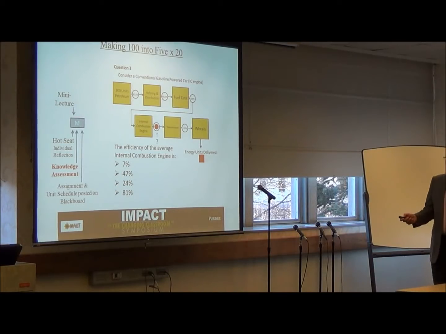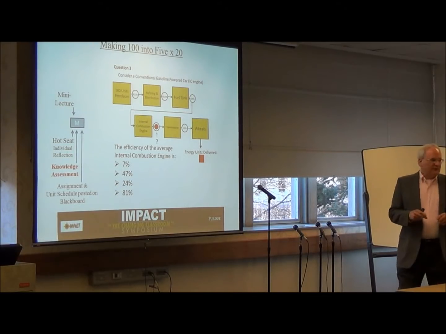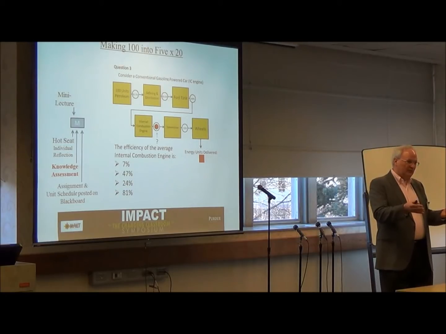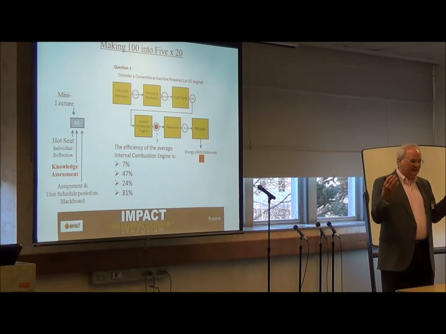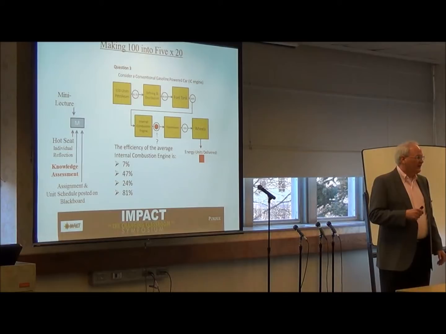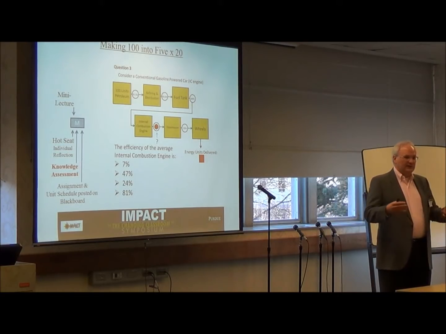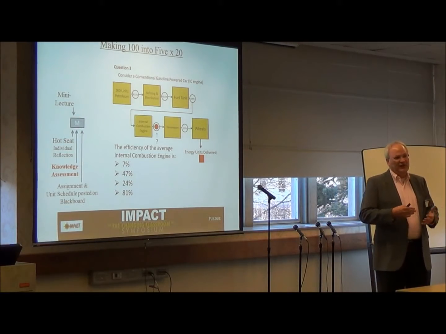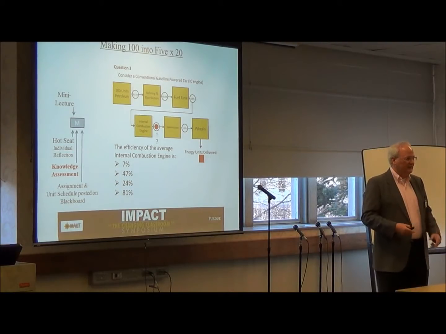Then what I had them do is for each one of these questions, in parentheses, put a confidence ranking. I learned this through the IMPACT program, by the way. This was not my idea. I'm not that smart. It was from a seminar from an IMPACT speaker, and I adapted it to my class, but the general idea is not mine.